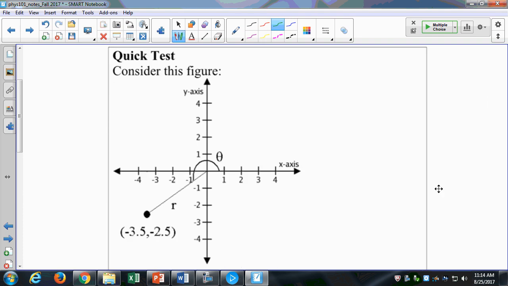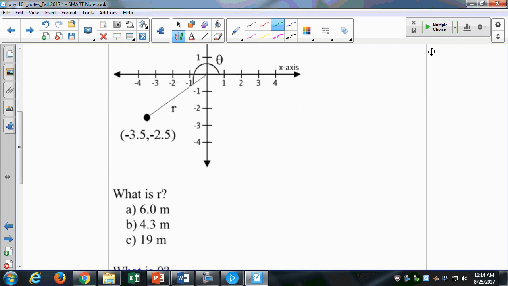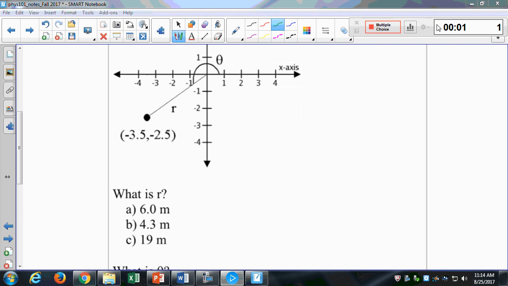Let's do this quick test. I have this figure, and first thing I want to do is I want to know what r is. Those of you in the back, I know you can't see the options. If you don't have your workbook, just look under the next person. But I want to know on this figure, with xy coordinates -3.5, -2.5, what is the length of the distance r from the origin to the point?